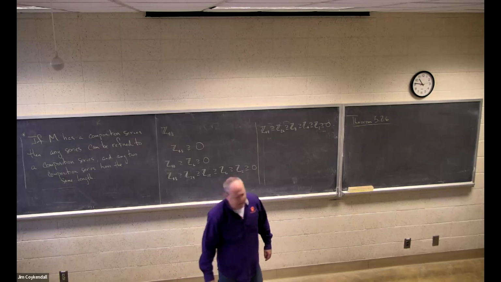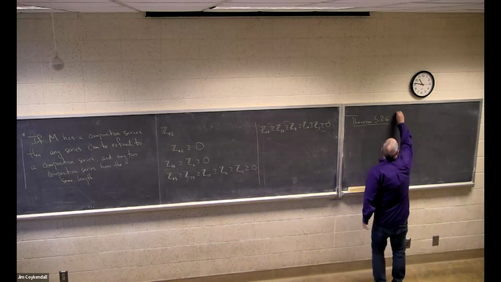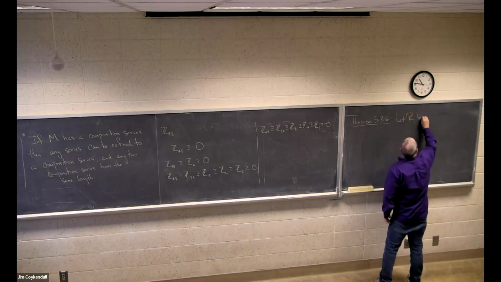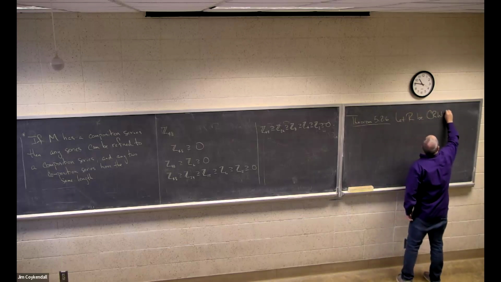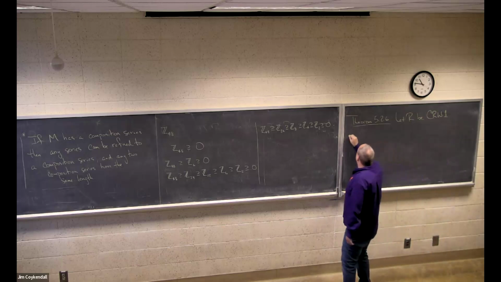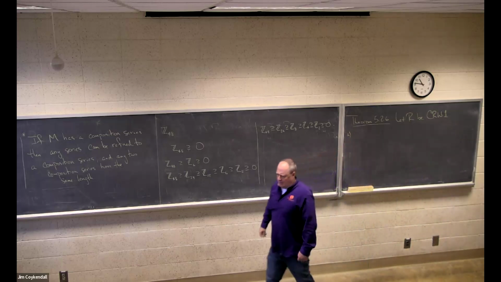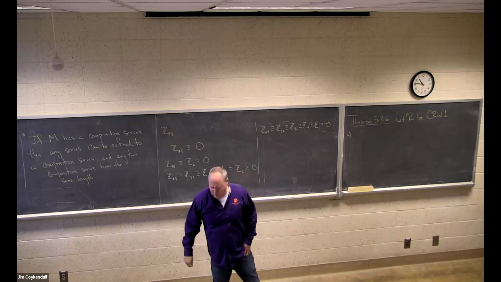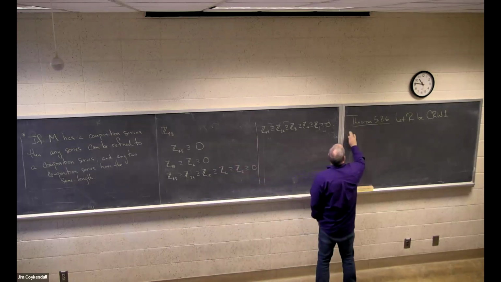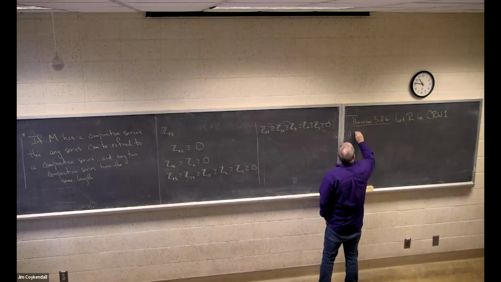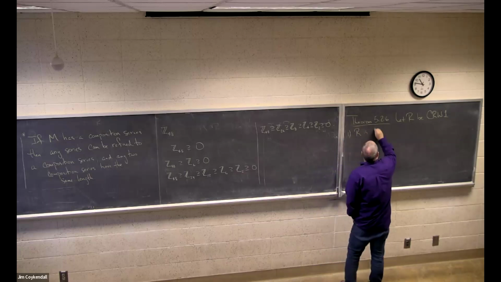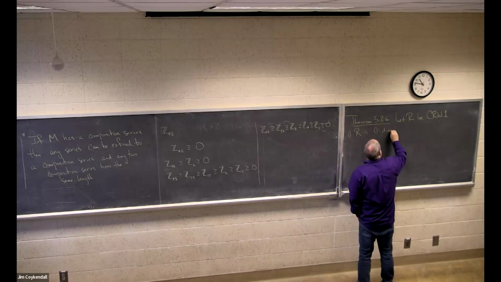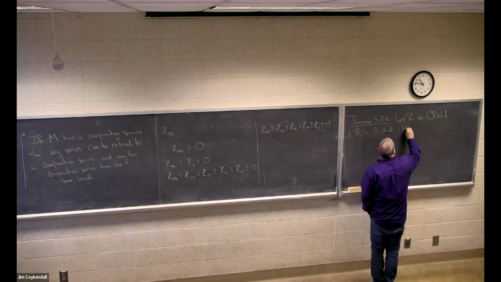So, let R be a Noetherian ring with one. Number one, R is zero dimensional.